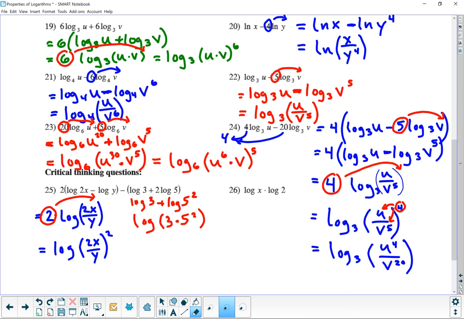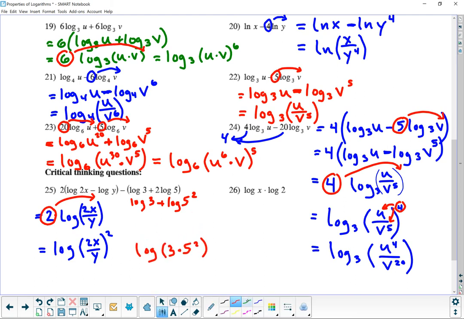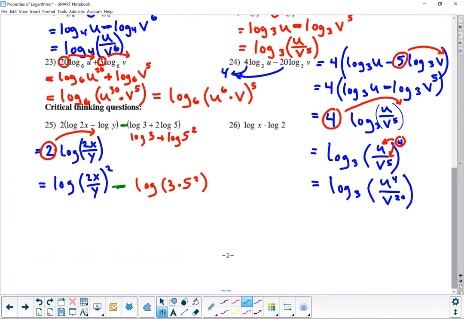So I changed this to a single log and a single log. And in between, you might have noticed that there is a subtraction. If it's a subtraction, I know I'm going to have to use the quotient rule. So I'm going to continue in green and write it as a single log.